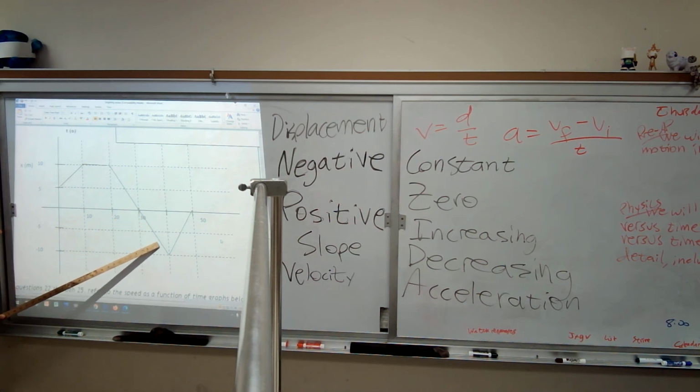And now the slope is still negative 1 meter per second, but it's getting farther and farther from a starting point down into the negative displacements. And then it turns around at the same speed, but its velocity is now positive 1 meter per second since it changed direction. I just wanted y'all to think about that.